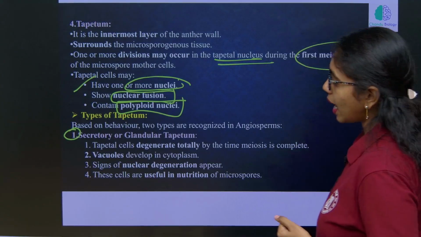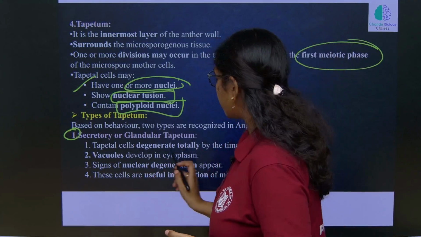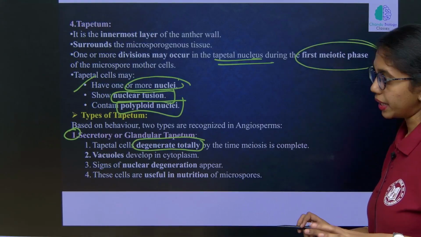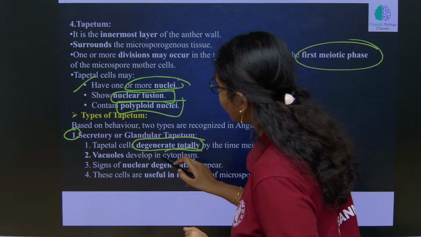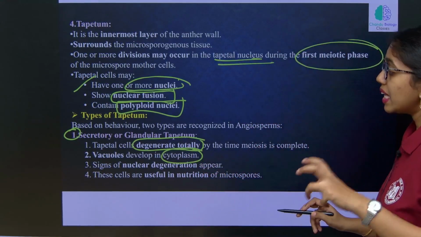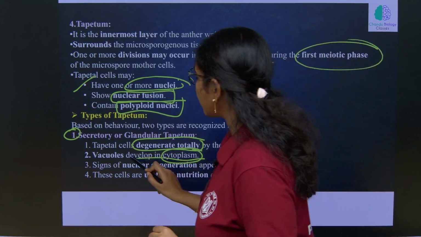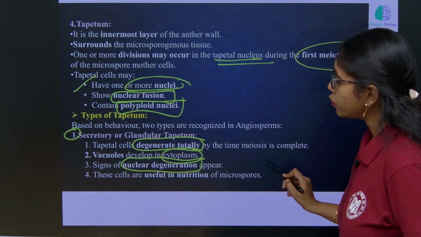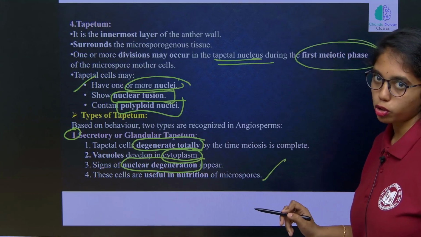In secretory or glandular tapetum, the tapetal cells will degenerate totally by the time meiosis is completed, and vacuoles develop inside the cytoplasm. These are the signs of nuclear degeneration, and these cells are useful especially in the nutrition of microspores.